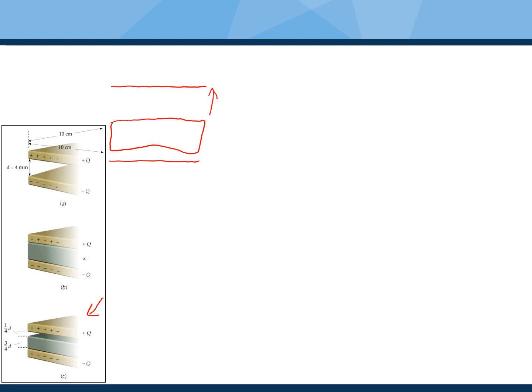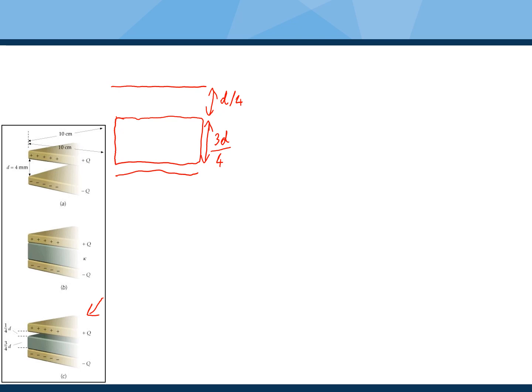This distance is not shown very nicely, but it is just d over 4. Let me make everything to scale. Here we have a dielectric slug whose thickness is just given by 3d over 4, where d is the original distance between the two plates.